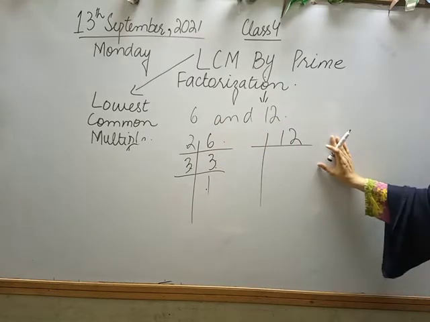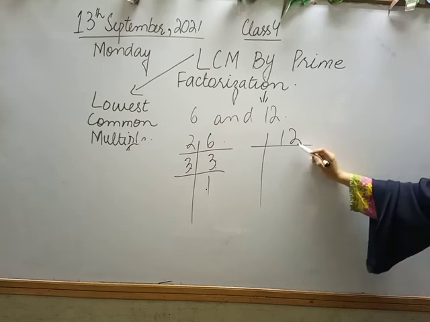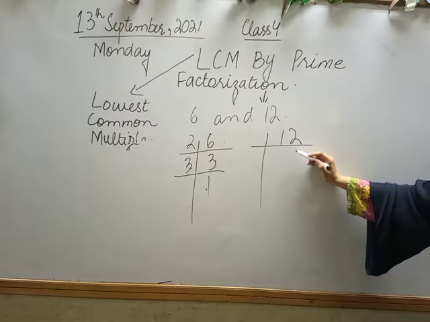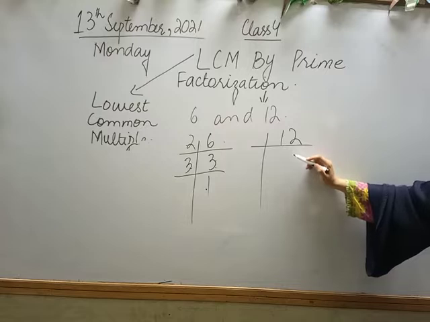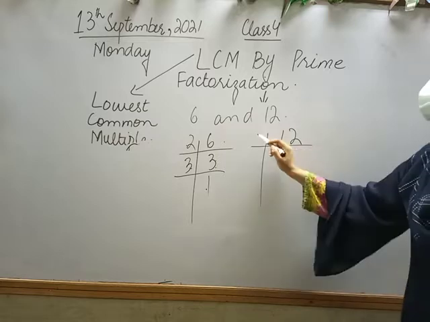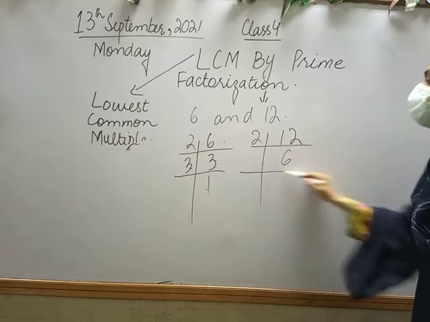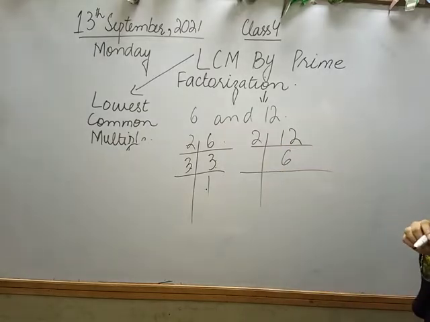Now we have another number which is 12. If you look class, the unit place is 2. The rule for divisibility of number 2 is if the unit place ended with 0, 2, 4, 6 and 8, we will simply divide it by 2. Now 2, 6 times 12.